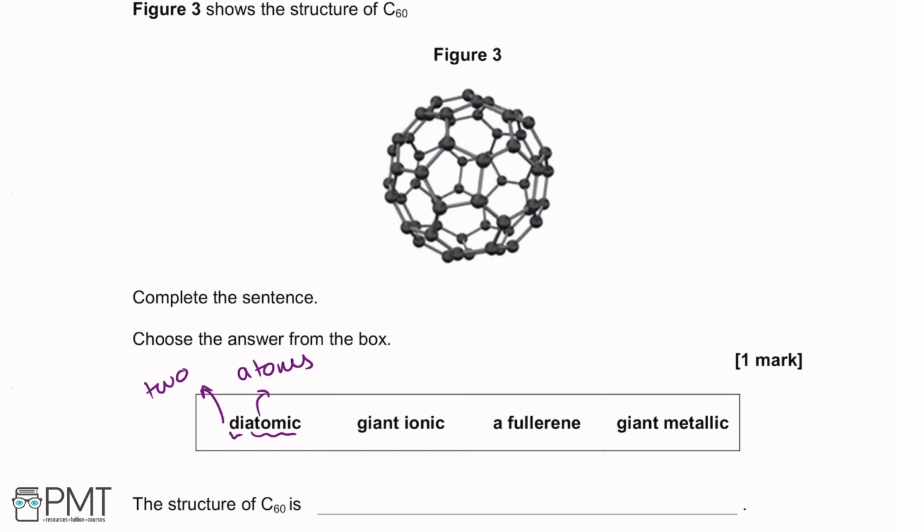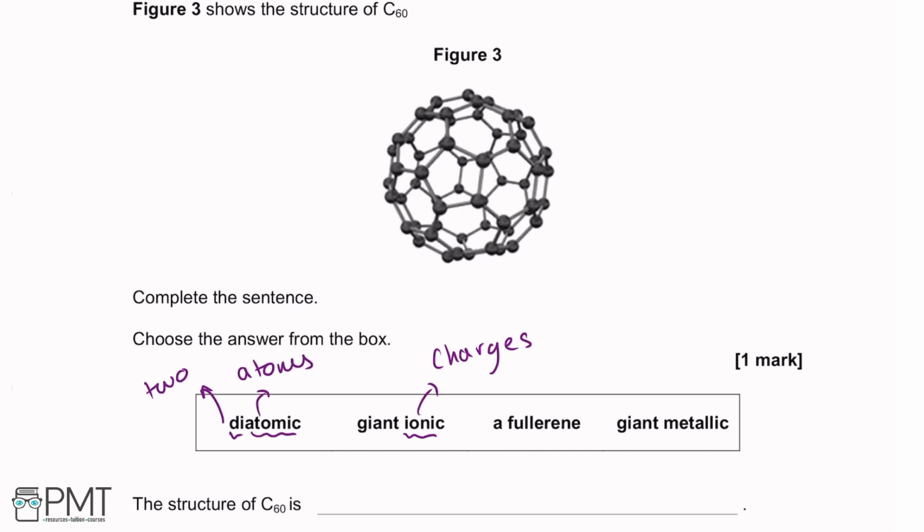Okay? Giant ionic, well, ionic, remember, involves charges. Yes, because ions are charged particles. And we can see here that C60, well, there is only carbon, right? There's no mention of any charge or attraction between metal and non-metal ions.